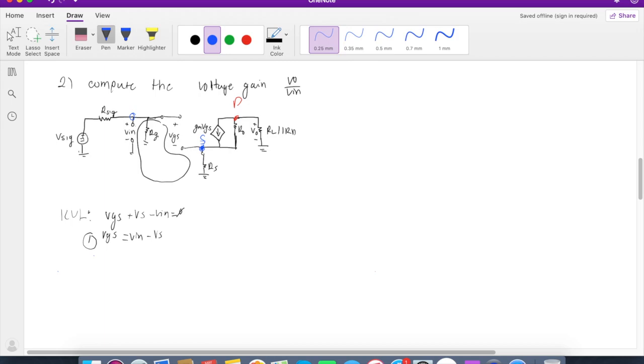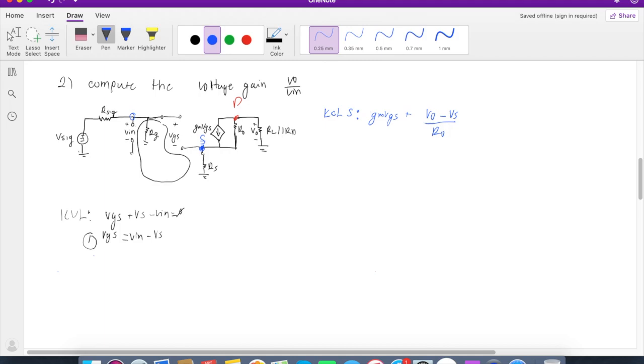So let's get started. Let's first do the KCL at node S. So what do we get from that? We have GM VGS plus the current in the resistance RO, which will be V out minus Vs over RO. Why is it V out minus Vs?